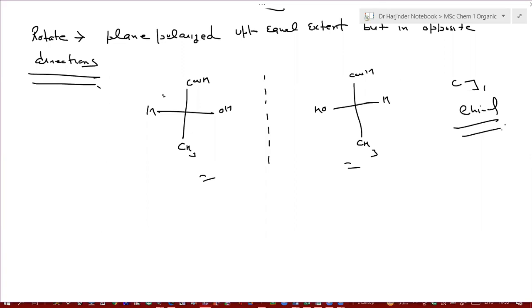Yes, sir. Properties, sir, of these enantiomers. What are the properties of these enantiomers?